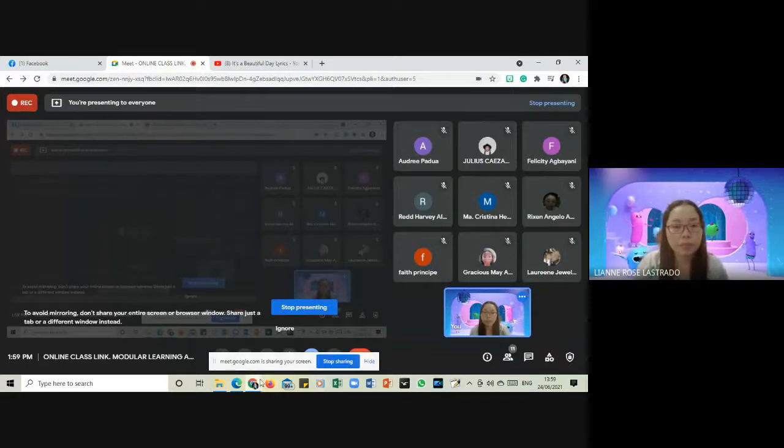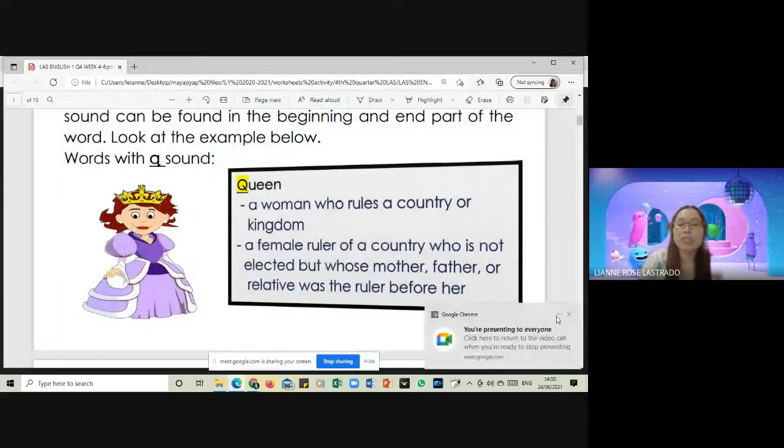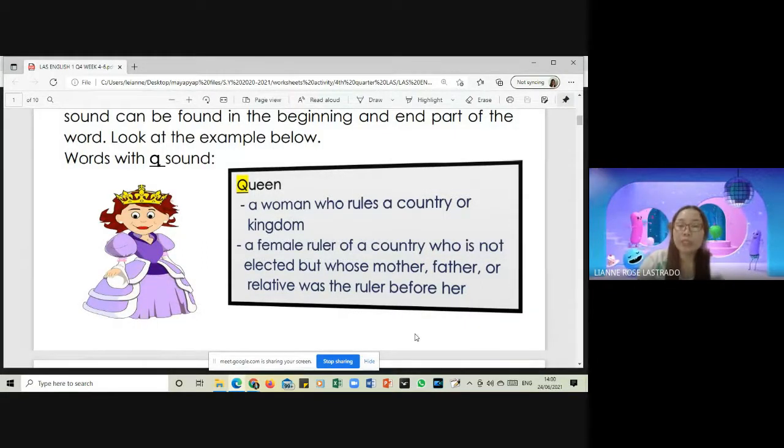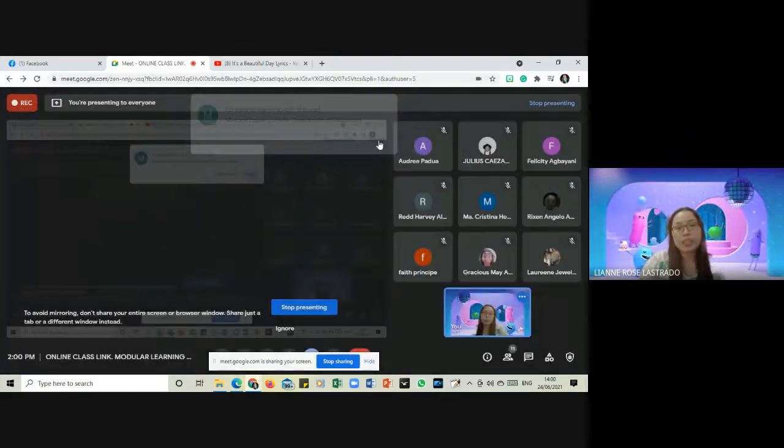She is a female ruler of a country who is not elected, but whose mother, father, or relative was the ruler before her. She was a queen because her father before was a king.